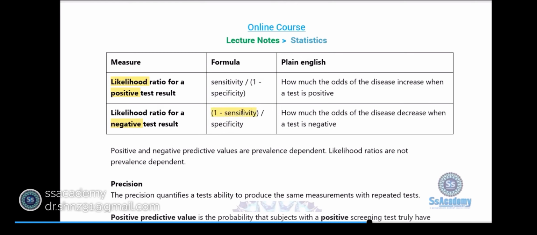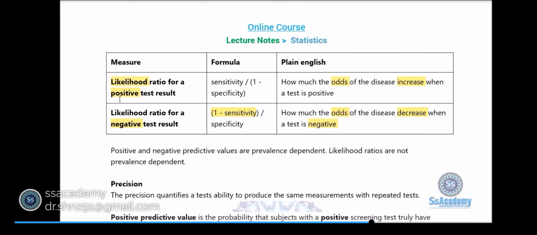So the likelihood ratio positive tells how much the odds of the disease increase when the test is positive. And here, the likelihood ratio negative tells how much the odds of the disease decrease if the test is negative.